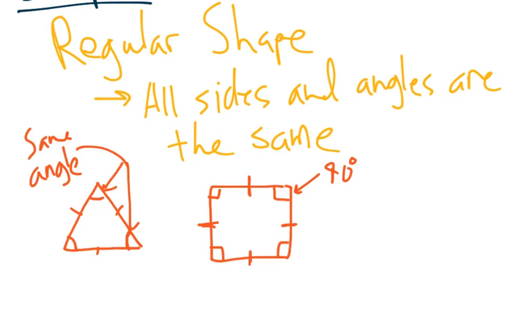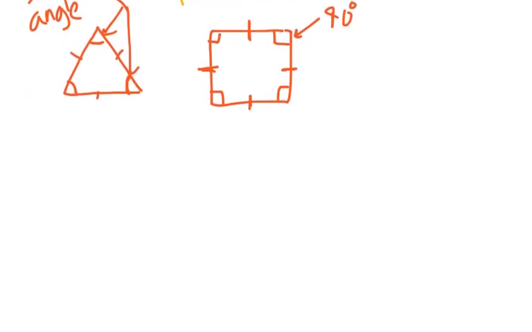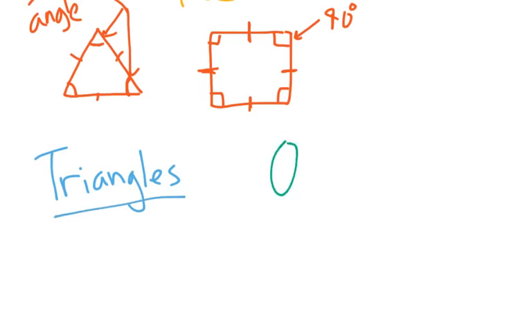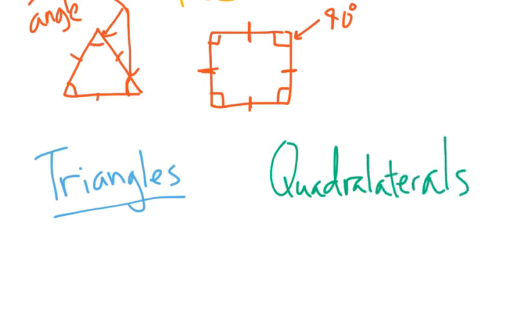But now let's talk a little bit more about shapes. Two categories that we're really going to focus on are triangles and, here's a fancy word, quadrilaterals.